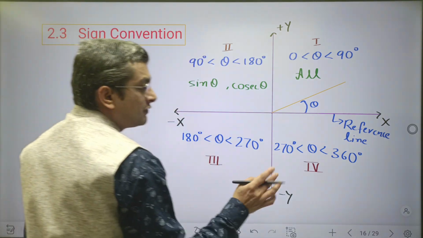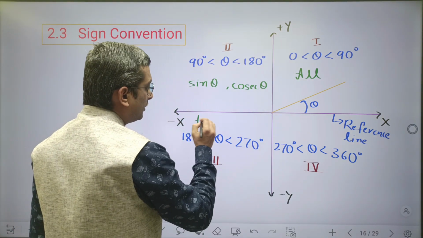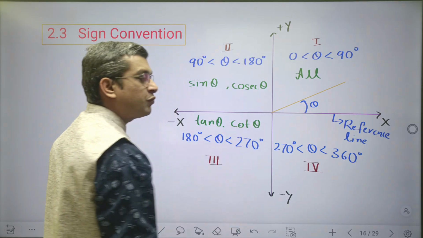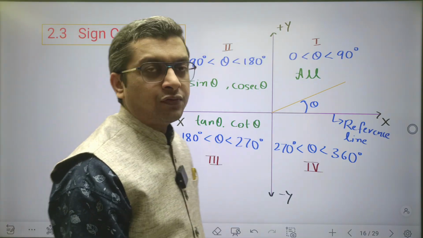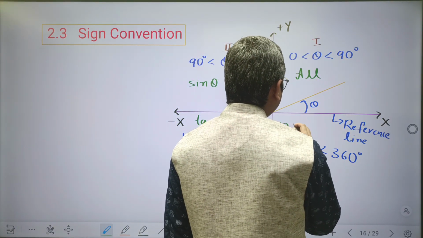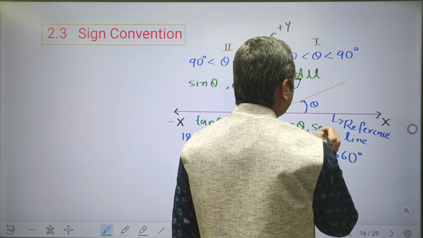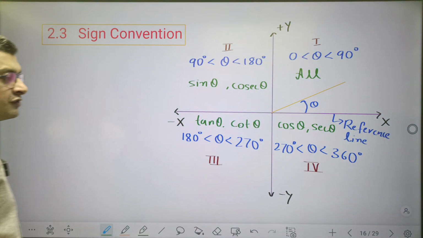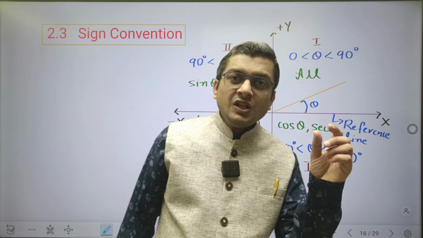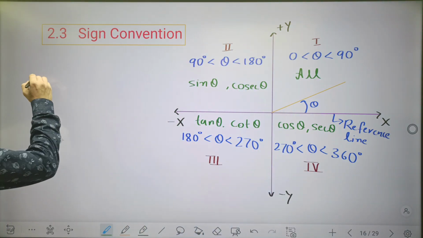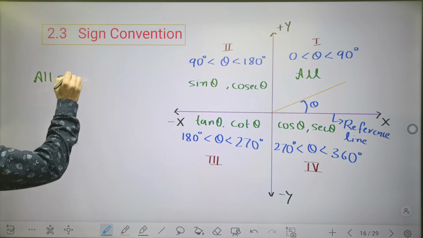In the third quadrant, T for tan theta and its inverse, cot theta, have positive values, and the rest of the 4 trigonometric ratios are negative. And in the fourth quadrant, cos theta and its inverse sec theta have positive values. So you must remember the rhyme given in the R.D. Sharma book, class 10: All School To College.